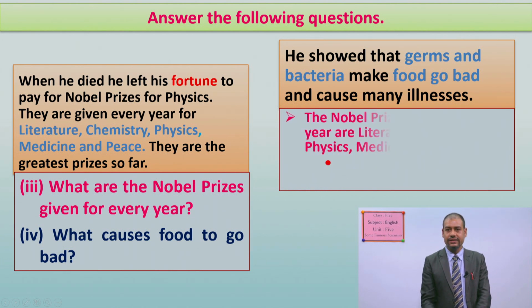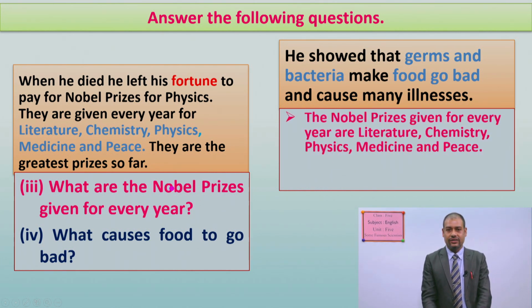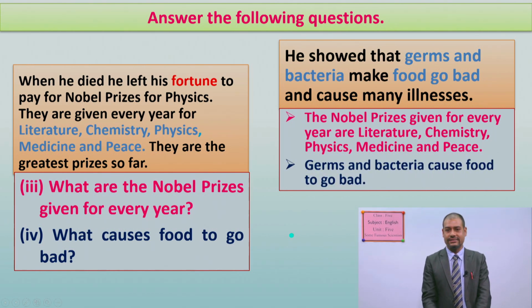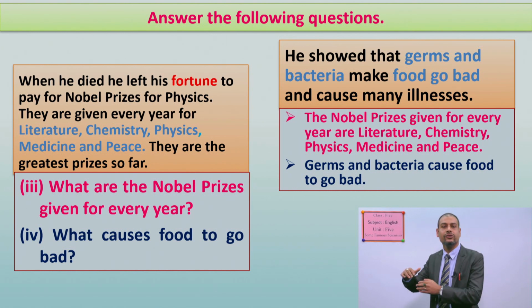For question number 3, the Nobel Prizes given for every year is from your question itself, and half of the part you have to bring from here, and your answer becomes the Nobel Prizes given for every year are literature, chemistry, physics, medicine, and peace. Okay, and another answer of this question, germs and bacteria cause food to go bad. Look at, germs and bacteria make food go bad. This is how you have to find out the answers in your text and you have to write down.